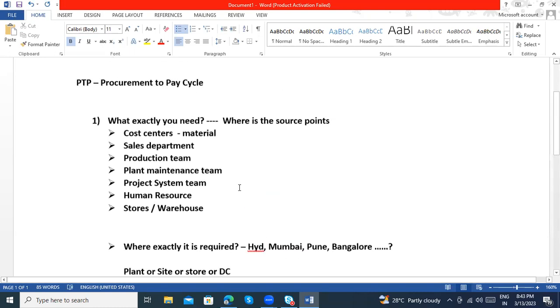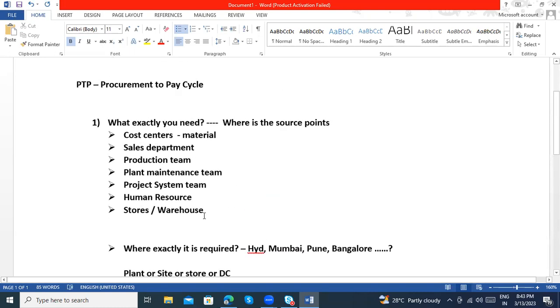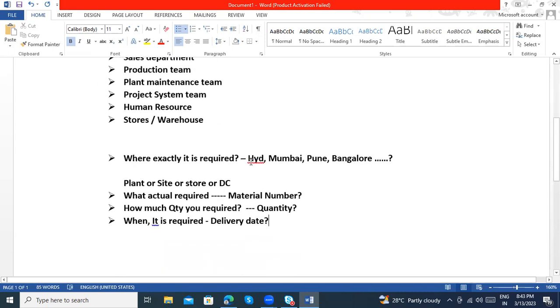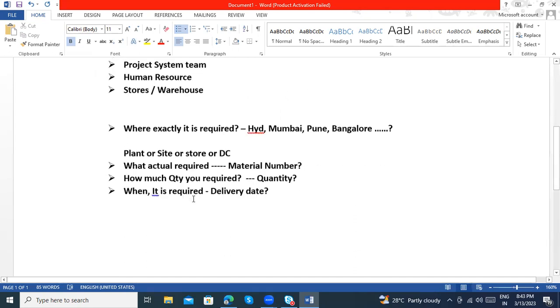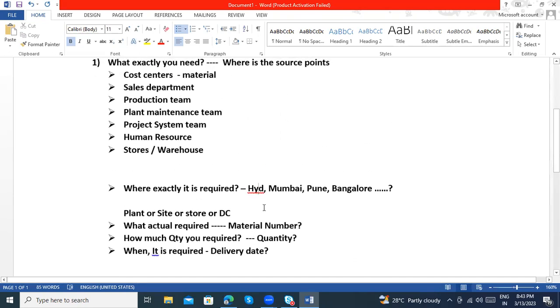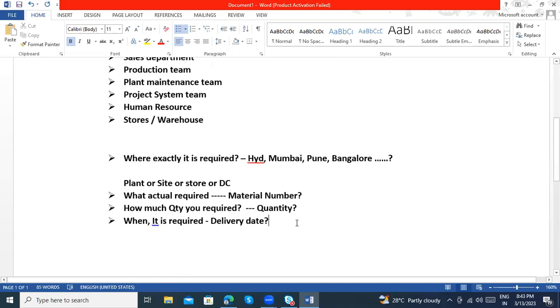So obviously, when you get the requirements, you need to be clear about how much is required, when it is required, where it is required, and what material is required. Clear? Yes, sir. So that we will be creating in the purchase requisition.